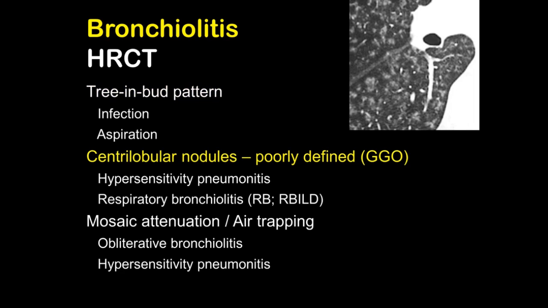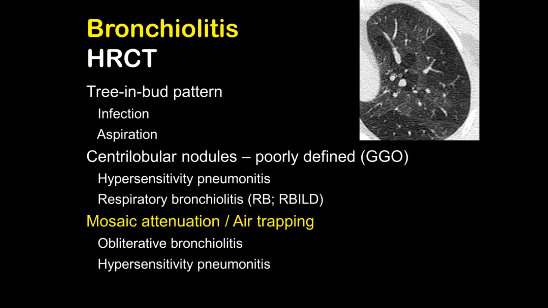When we see centrilobular nodules, especially poorly defined ground glass, there are two main differential diagnoses: hypersensitivity pneumonitis and respiratory bronchiolitis. One is mainly associated with smoking and with an upper lobe predominance, and hypersensitivity pneumonitis is associated with exposure to an antigen and has a more diffuse distribution.